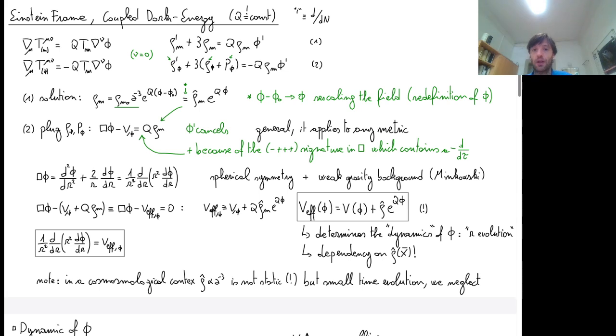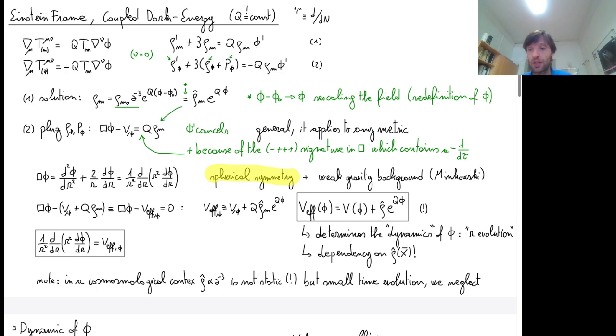Good. We have our nice new Klein-Gordon equation with our effective potential. What we can do is express our box operator in an explicit form, and we can do so because we are considering a spherically symmetric object, therefore we can use spherical coordinates.